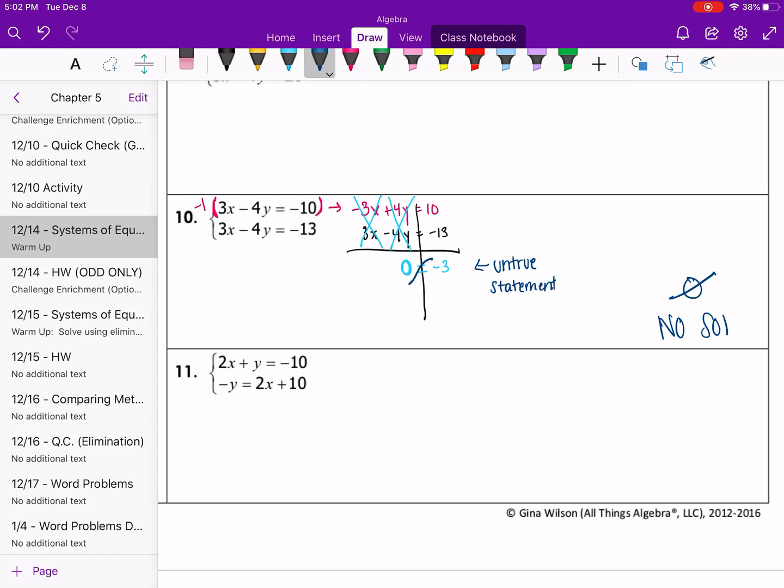So for number 11, my first step would be to make sure everything is lined up, which they're not. I have my x's and it's all jumbled up. This one's already in slope-intercept form, so I'll change the first one to slope-intercept form.